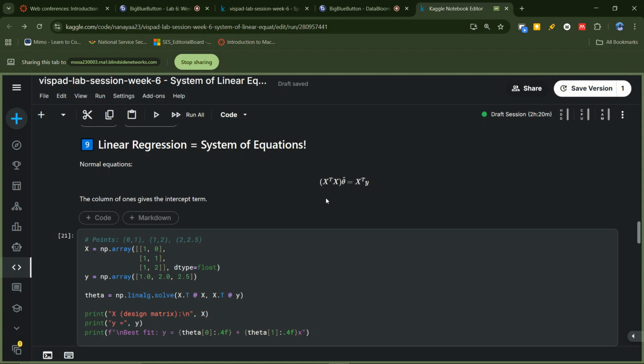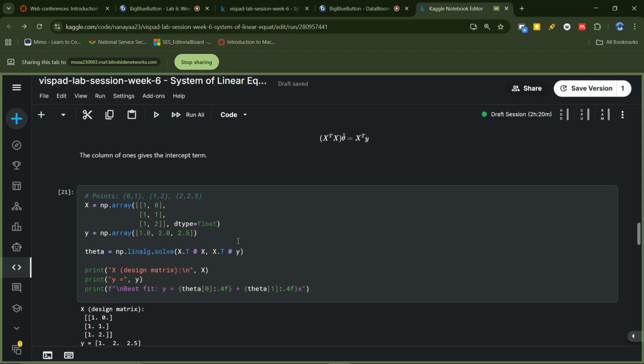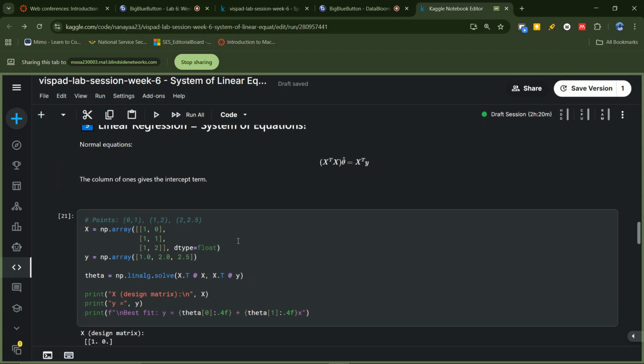So we have this X and Y defined over here. Of course, what are we trying to find? We are trying to find theta. You will understand the relevance of theta soon, but we are trying to find theta. Theta is your unknown, you agree, right?